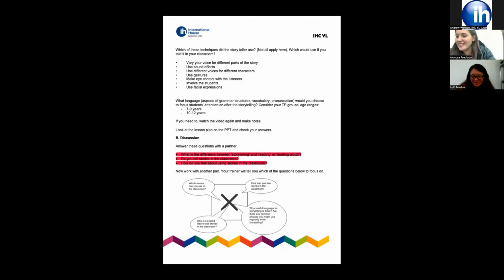Also, when you ask them to read aloud, they keep their same voice level or their same rhythm. They don't move. But when you tell a story or they do this storytelling time, they change.